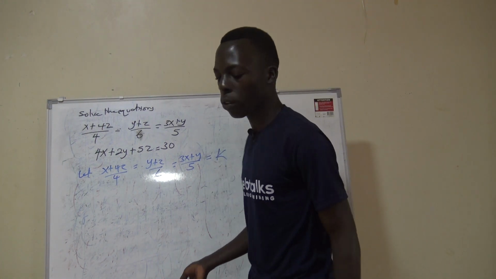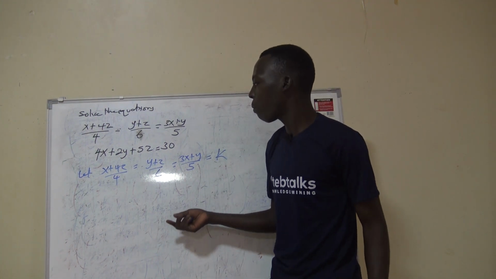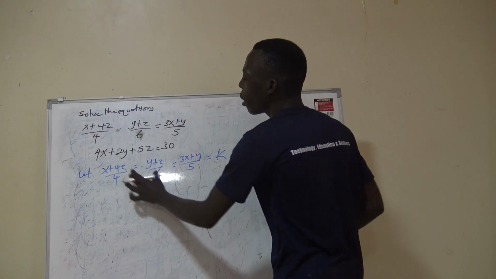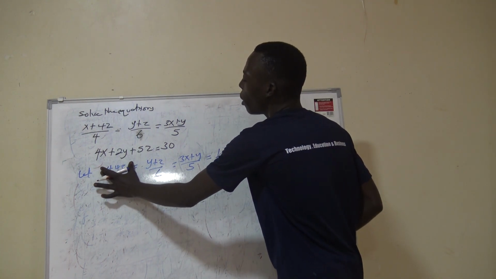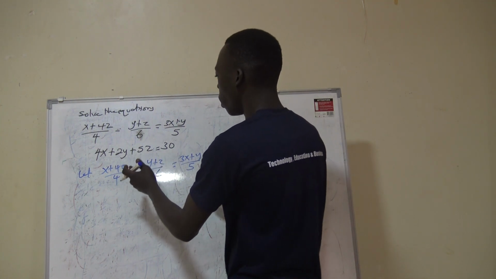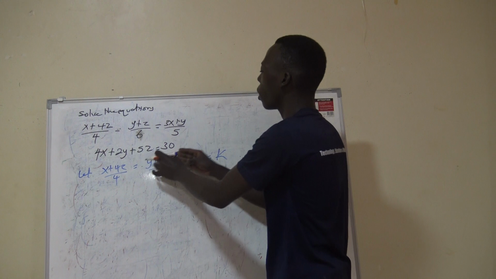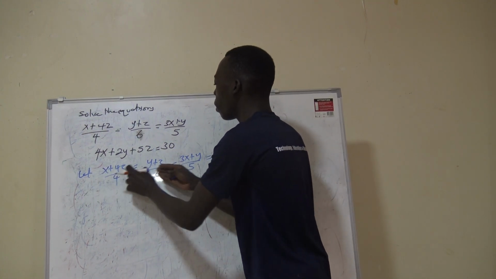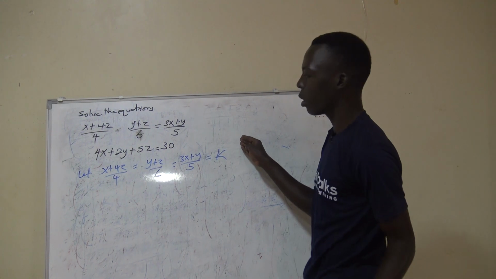For this case, we add the numerators alone and the denominators alone, so that this one added to this one, divided by this one plus this one, must be equal to the constant.